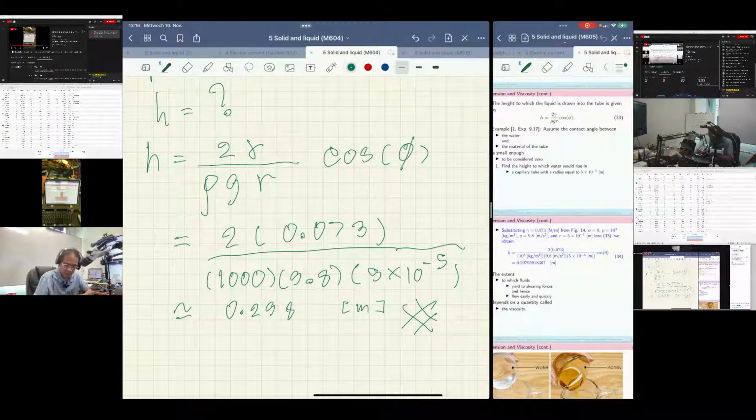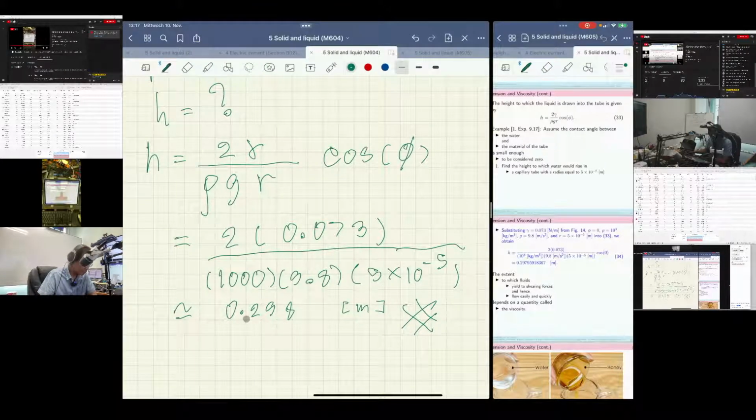So let's interpret this quantity. What is that in centimeter? It's 29, almost 1 foot, right? 30 centimeter is approximately 1 foot, right?